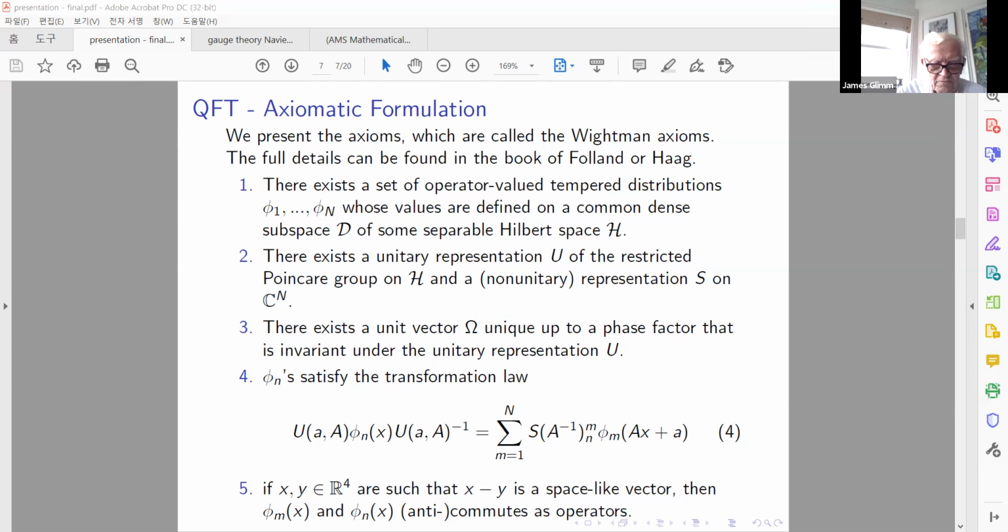But when you do the reconstruction theorem, which constructs the Hilbert space out of the Wightman functions, then you get an algebra of operators. So it's one step beyond the axioms. The proper definition of the algebra is one step beyond the axioms, but usually considered in the same context.